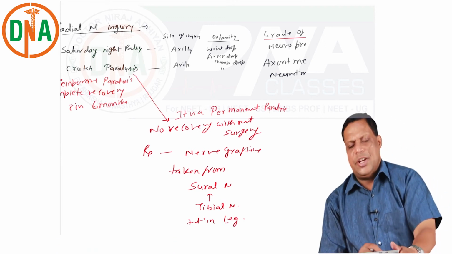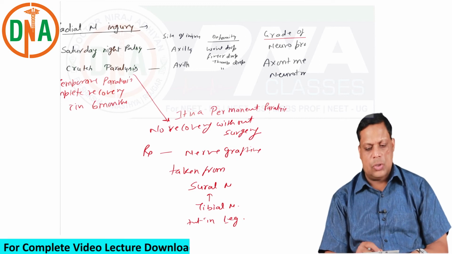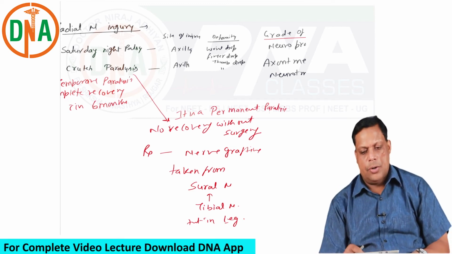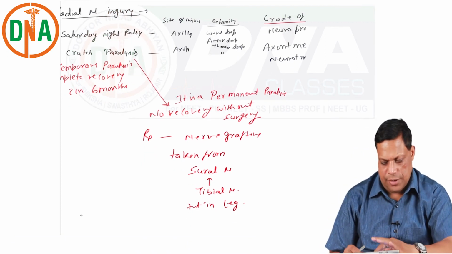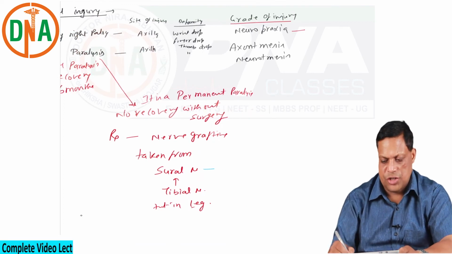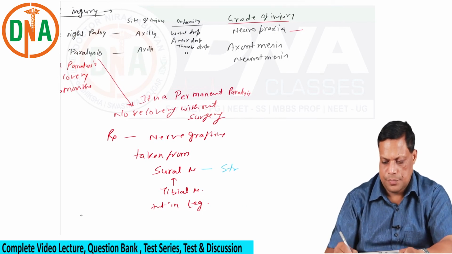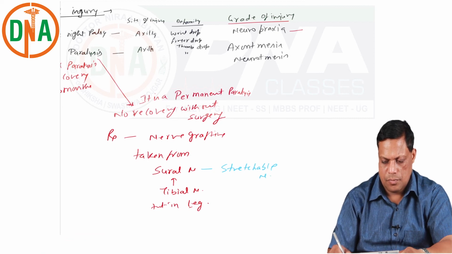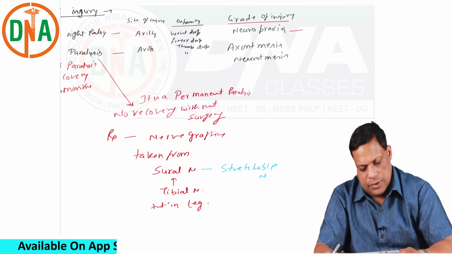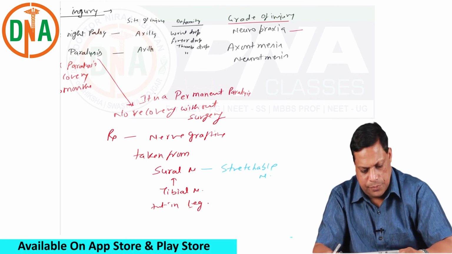So we take a healthy, small piece of the sural nerve and connect it to the damaged nerve. What is the specialty of the sural nerve? The sural nerve is a stretchable nerve. That's why we are capable of taking out a piece of this nerve.